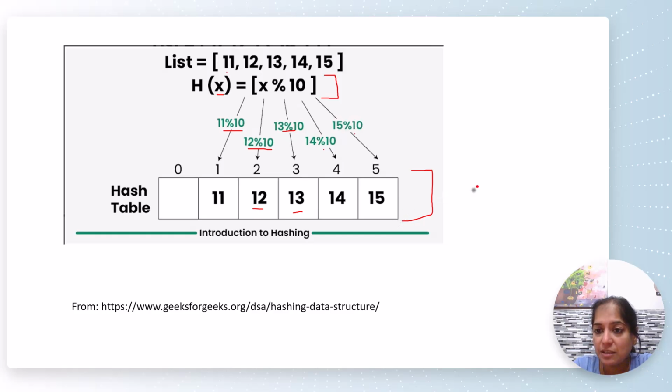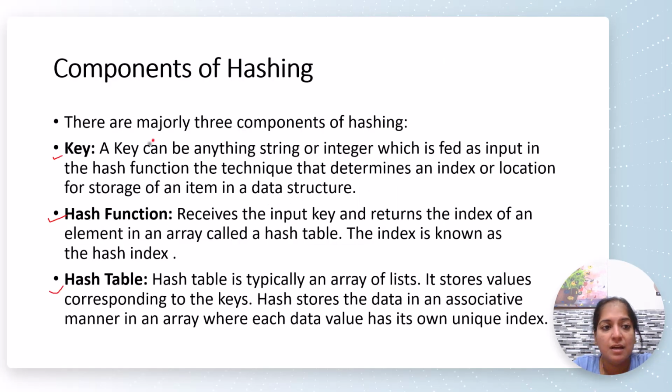So these are the three components of hashing: key, the value which we want to map; hash function, the function which takes the key as the input and returns the index of the array at which location we are going to put the key; and the hash table where we are storing all of our values.